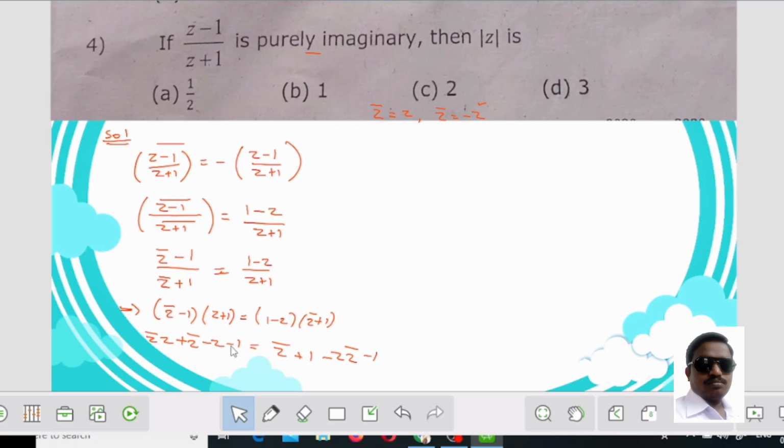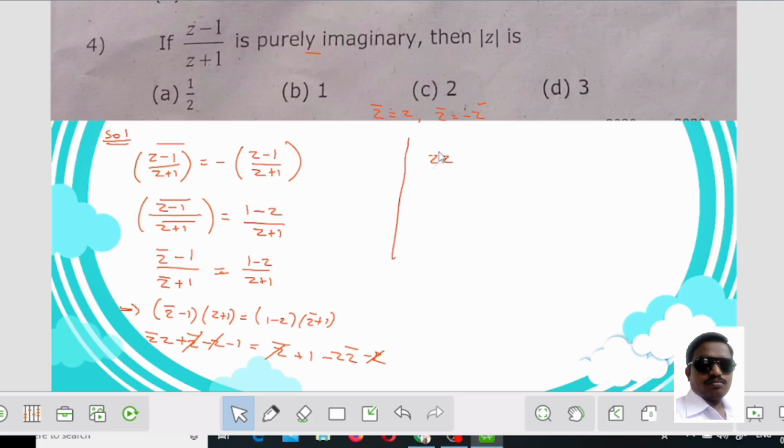Now you look at both sides of this equation. Z bar minus z into 1 minus z, we may have like this. See here, minus z will get cancelled, and z bar and z bar will get cancelled. Now rearrange the terms.